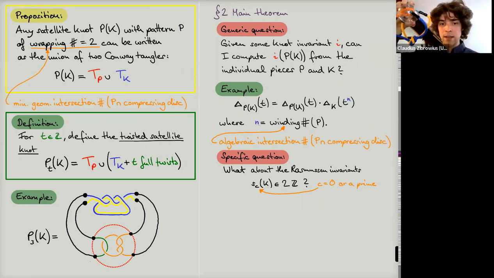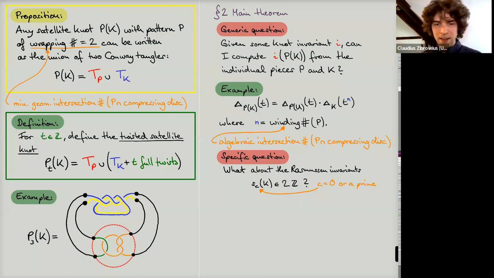Can we understand that from the two pieces, by one computation for the pattern and one computation for the companion? Now, some previous speakers have already introduced Khovanov homology, so I'm not sure how much I need to tell you about these Rasmussen invariants.